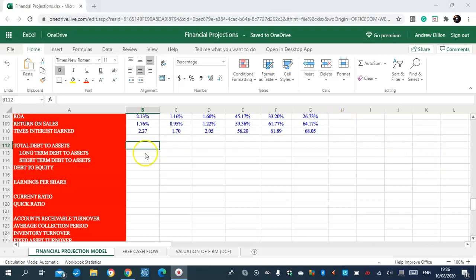So after I got the time interest earned, I successfully inputted the if statements on the relevant details that needed to be in the calculations. Okay, so let's move on and go through the next heading. It is called total debt to assets.